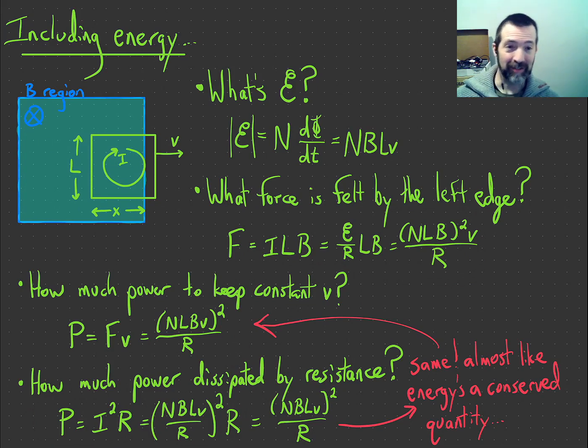So none of this stuff is free. The energy that's involved with making a current flow during an induction event comes from somewhere. It usually comes from some mechanical action, which is pulling a wire loop or causing something to spin or whatever.